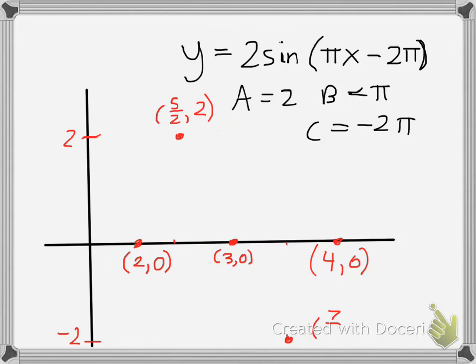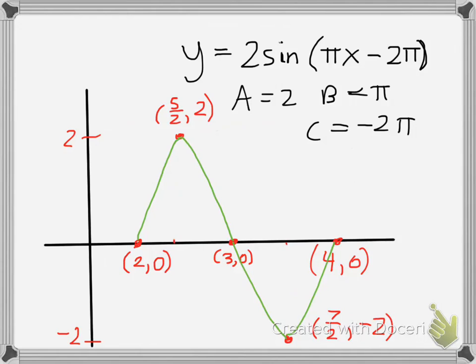That's just 7 halves. And then it goes 2 units below the x-axis, so it's (7/2, -2). And then if we connect the dots, we get our wave. And the wave will repeat itself every 2 units because 2 pi over b is just 2.